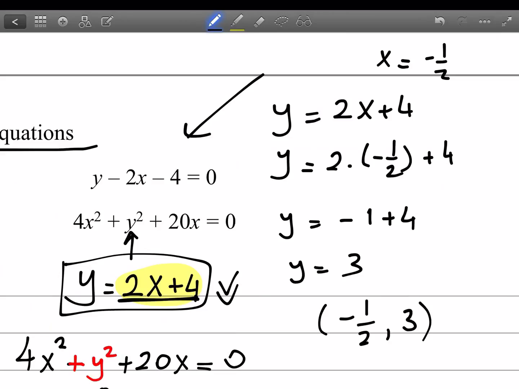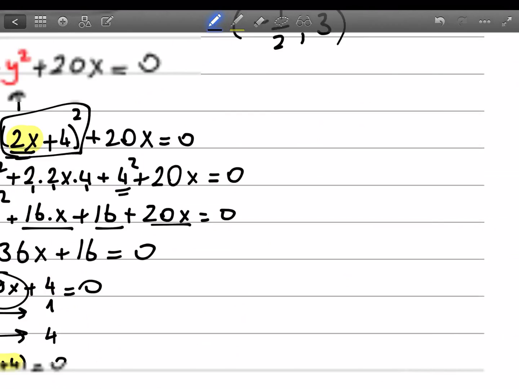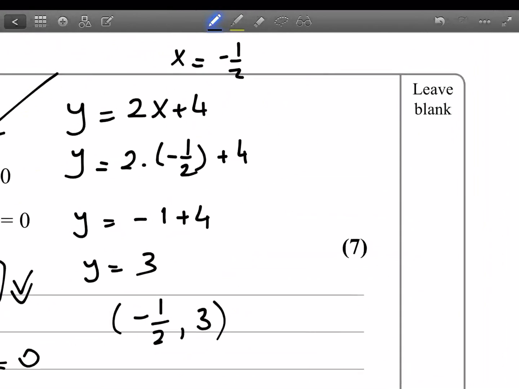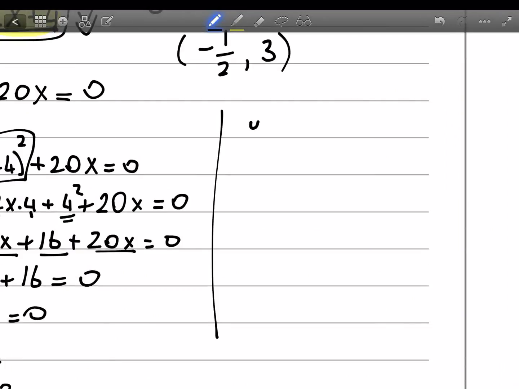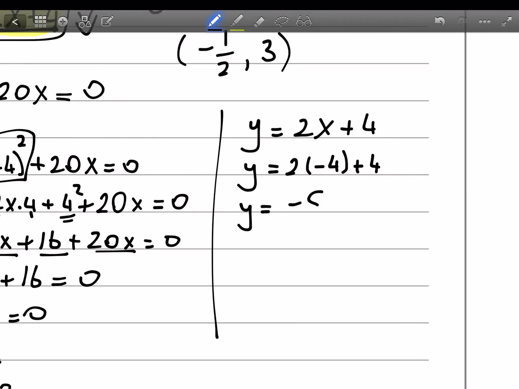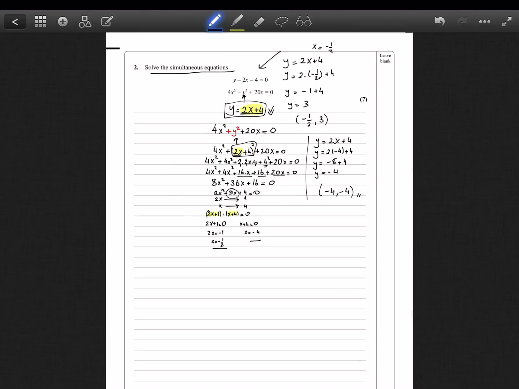If x is minus 4, then y is equal to 2x plus 4, which is 2 times minus 4 plus 4, minus 8 plus 4. y is minus 4. Then the solution set will be minus 4, minus 4. That's all. That's finished.